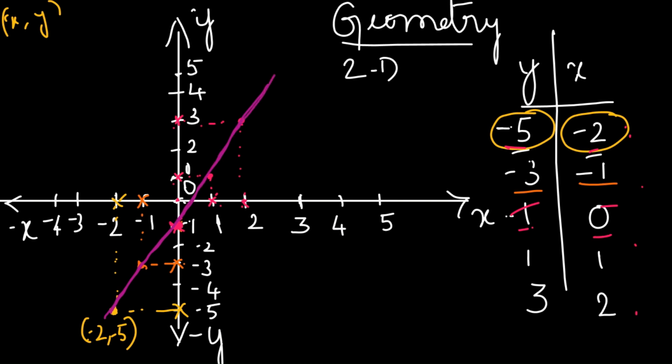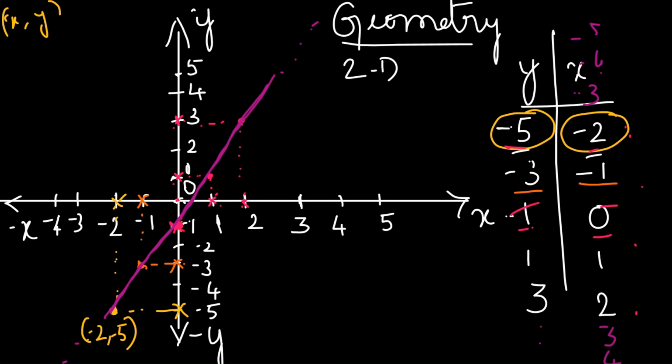Now what I'm going to show here is that we have ended up plotting a line. If I continue for 3, 4, I'm going to get some answers, and if I go in the negative direction also for -3, -4, -5, here and here in the positive direction, it just goes.